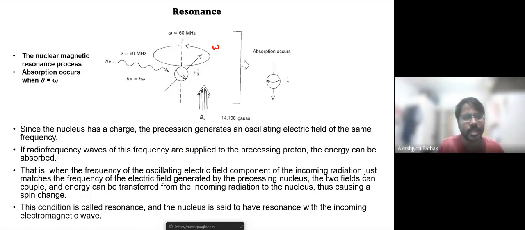Because this is a charged particle, it will generate an electric field around itself. This oscillating electric field component will have a particular energy, and when the frequency of the incoming radiation just matches the frequency of the electric field generated by the precessing nucleus, the two fields can couple and the energy can be transferred from the incoming radiation to the nucleus, thus causing a spin change.